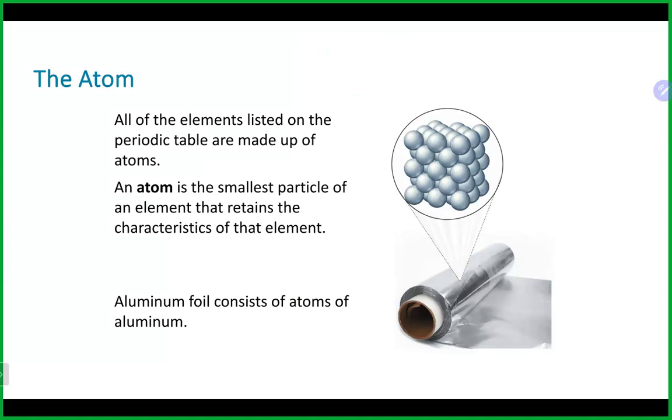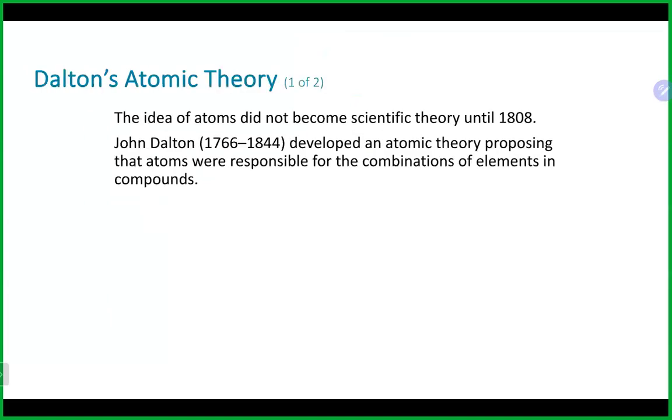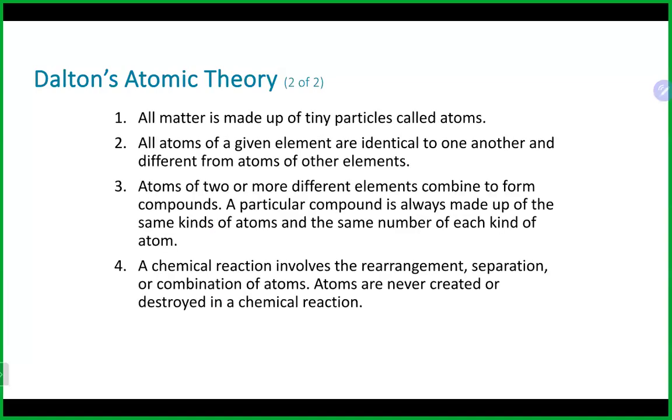Any element that you may have, the representation of that element is an atom. And a long time ago, a guy by the name of John Dalton came up with a theory on what atoms were. And these are some of the parts of his atomic theory.